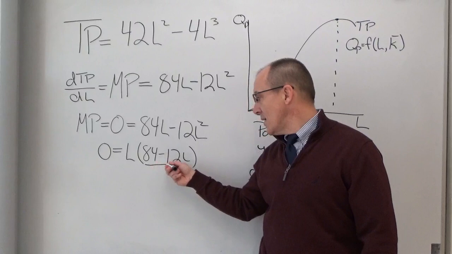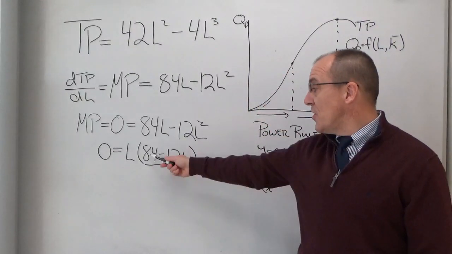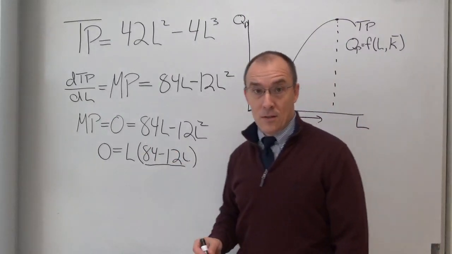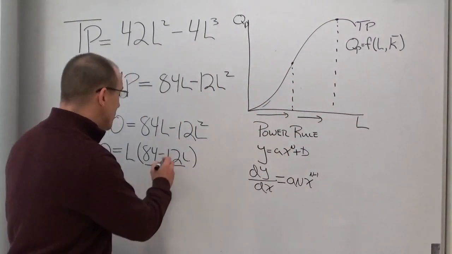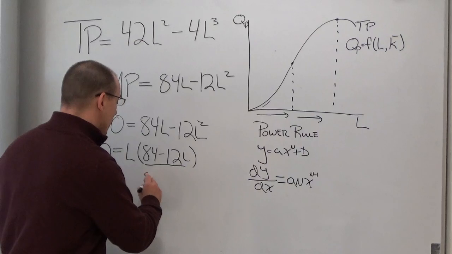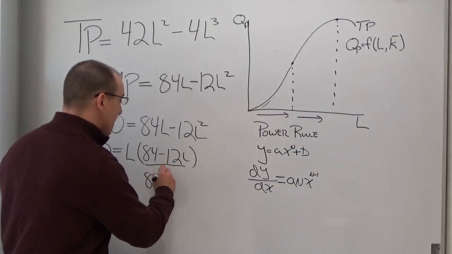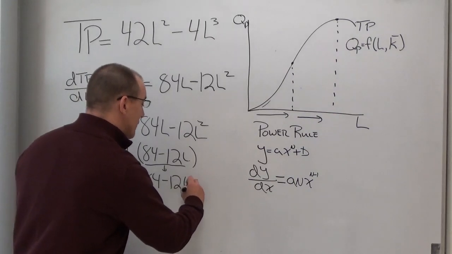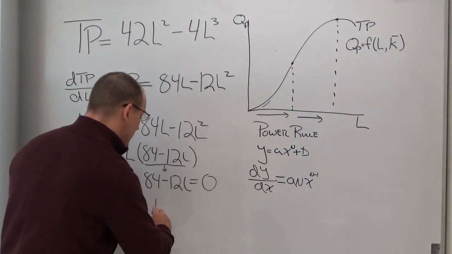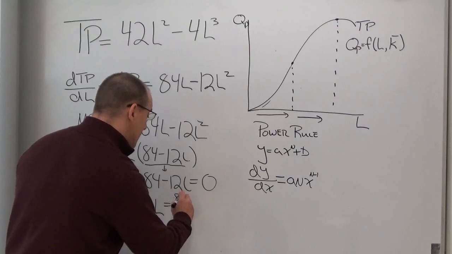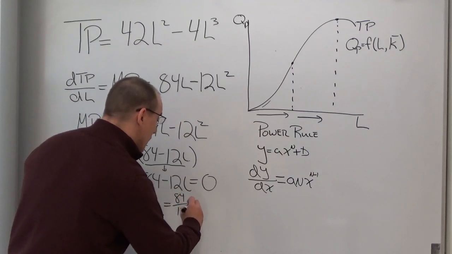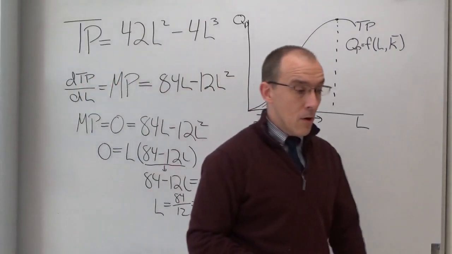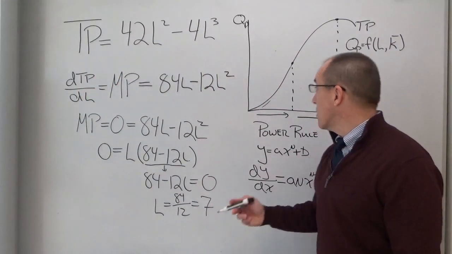What I'm interested in is the middle term. When this equals 0, what is the L that will lead to that being 0? So what I need to do is rewrite this: 84 minus 12L equals 0, which will give me an L of 84 over 12, which will give me a labor of 7. 7 workers.